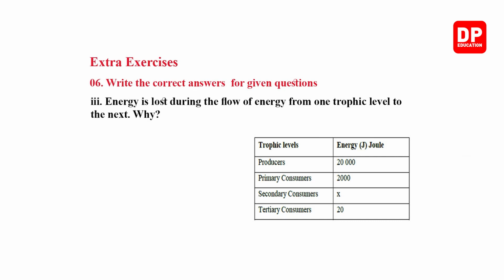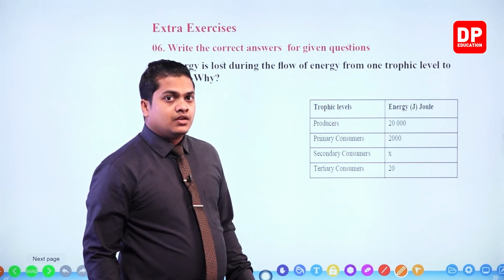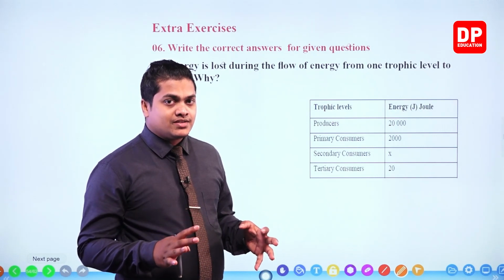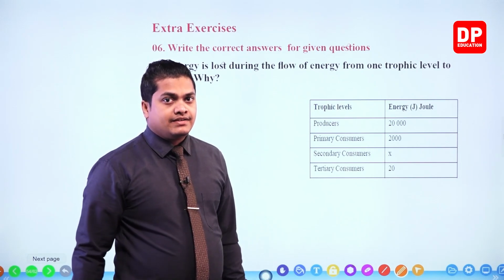Energy is lost during the flow of energy from one trophic level to the next. Why? Because, my dear children, more energy is being used by a certain organism for their metabolic activities.